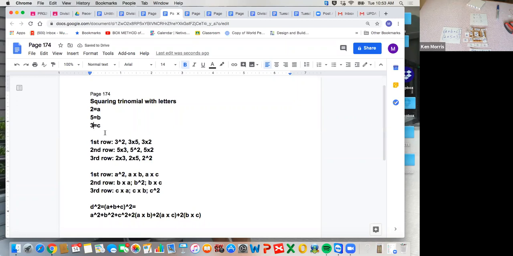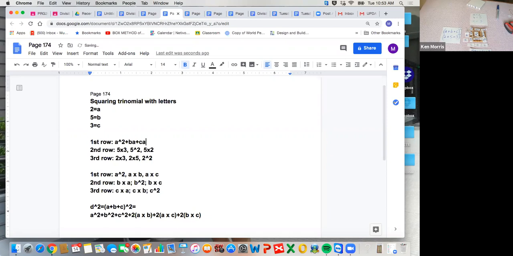So my first row, if I look at this, I'm going to start at the top. It's going to be A squared plus BA plus CA. I'm dropping the multiplication sign right now.